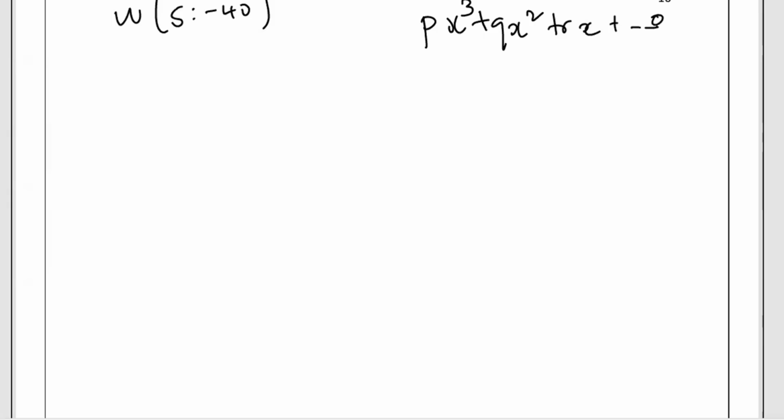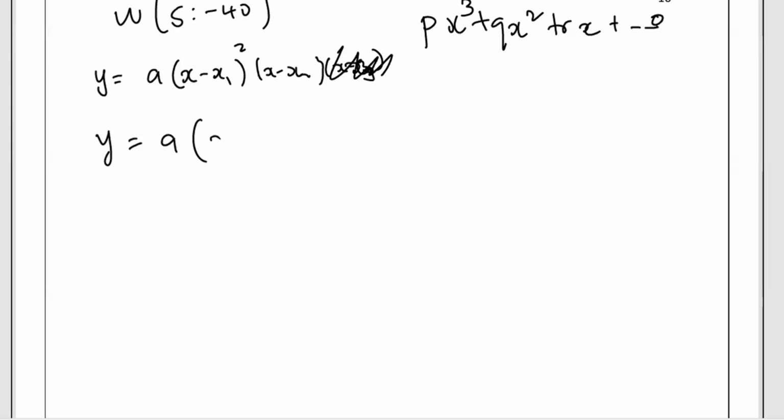So for me, what I'm going to do, I'll just say y is equal to a into x minus x1, x minus x2, and then x minus x3, since I have the intercepts. But now, since one point is an intercept and it's also a turning point, which means I need to square that point. So I'll have y is equal to a times x minus 3 squared. Okay, and then I'm going to multiply this by x minus 0, which is just x.